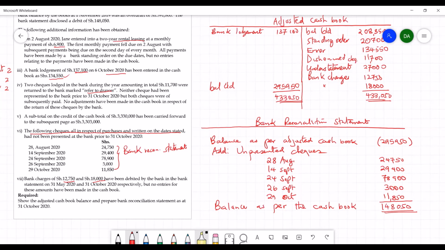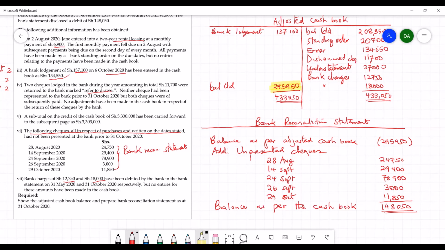When the balance appears on this side, it is a credit balance, which is a negative, showing an overdraft. So the balance as per the adjusted cash book is an overdraft of 295,950.